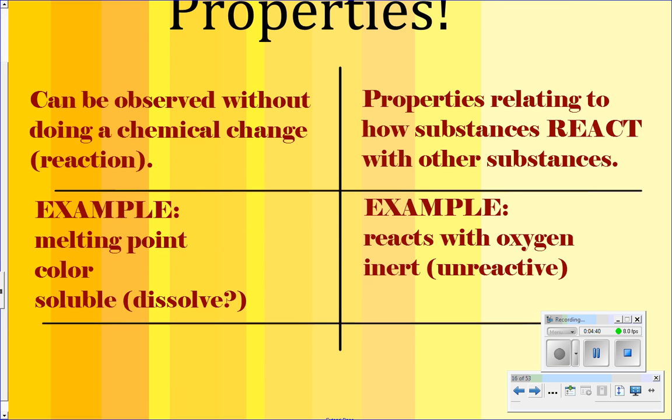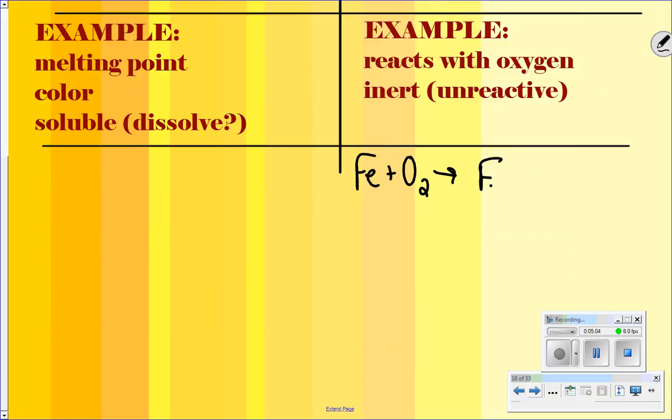For chemical changes, we are talking about how substances react with one another. So you might hear things like, iron will react with oxygen and form rust. That's actually a chemical change. When iron reacts with oxygen, you have solid iron reacting with oxygen in the air, and it makes something called iron oxide.